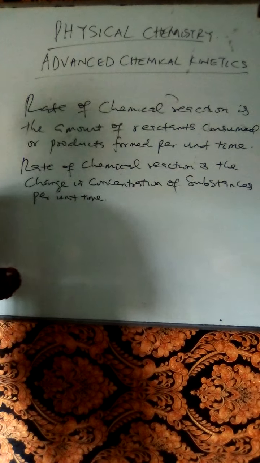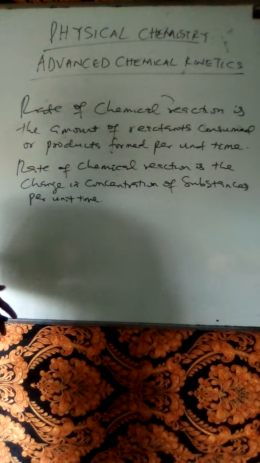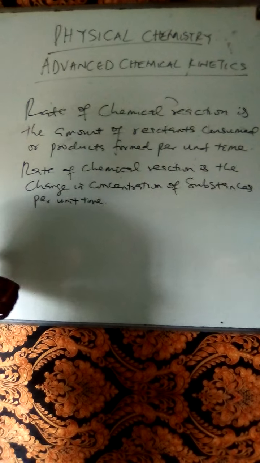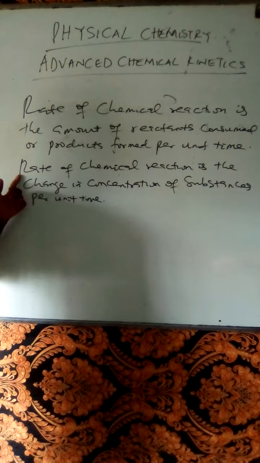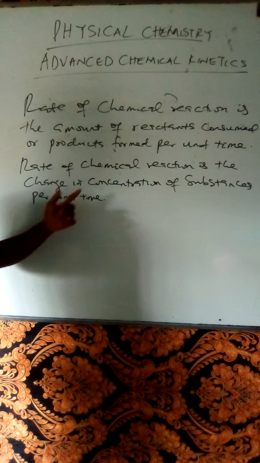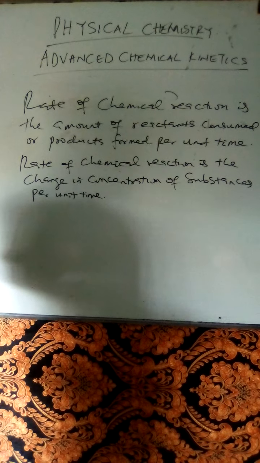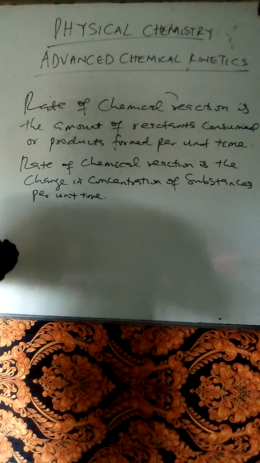So we can define rate of reaction as the amount of reactants consumed or products produced per unit time, or the rate of reaction is defined as the change in concentration of substances, either reactants or products, per unit time. Let's look at this example.